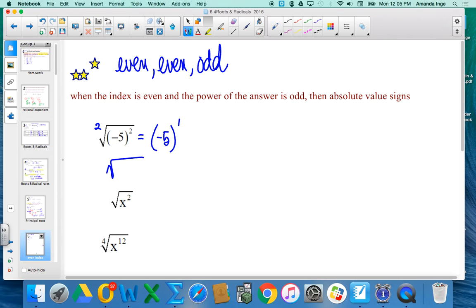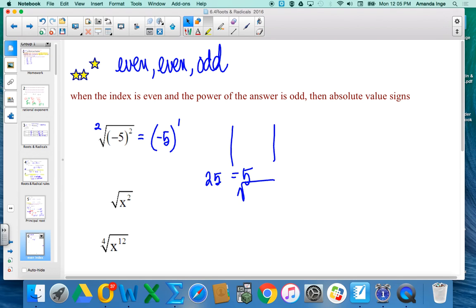Because if you square this, -5 times -5 is +25, and the square root of that is 5. So when the index is even, and your answer is odd, you need absolute value symbols. Everybody understand that? Even, even, odd.